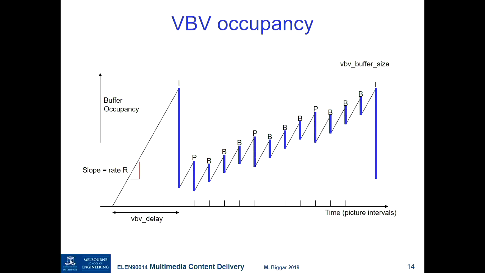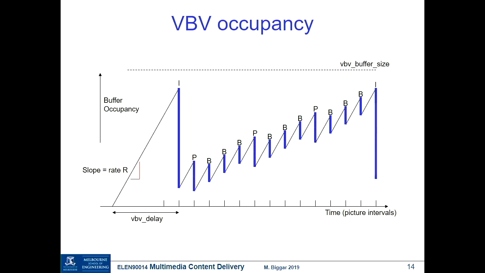This shows how the model is a little bit simplified. The VBV model assumes that all the data for a particular frame is read out instantaneously. So it might be a bit unrealistic, but we need some sort of a model, and so that's the way it's applied. That's a worst case.